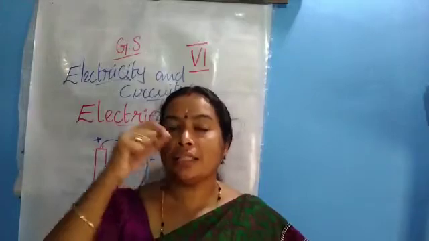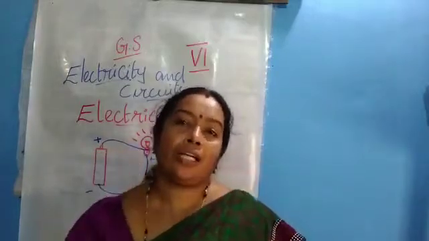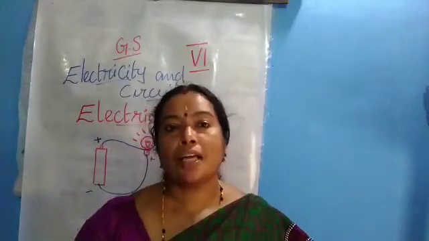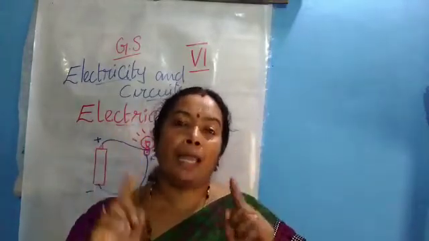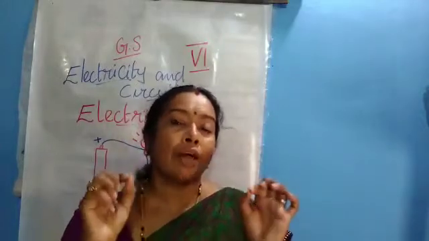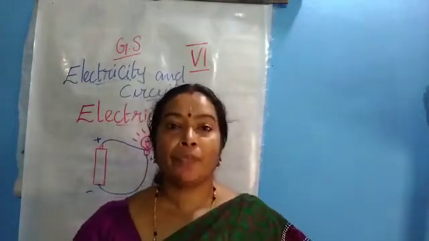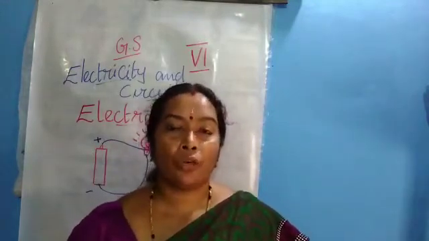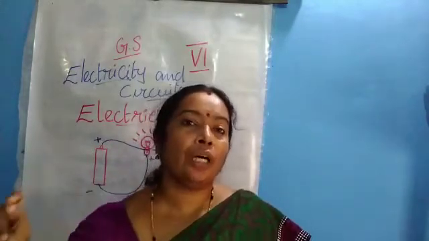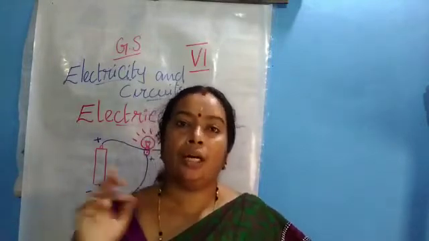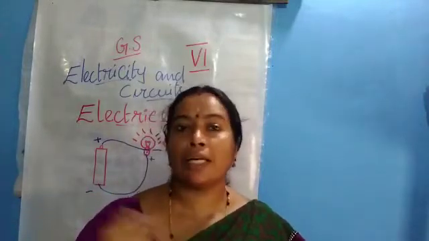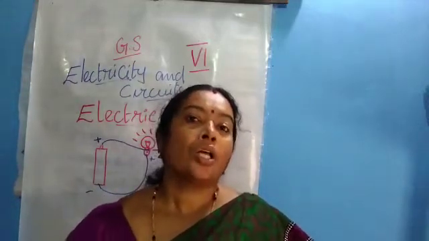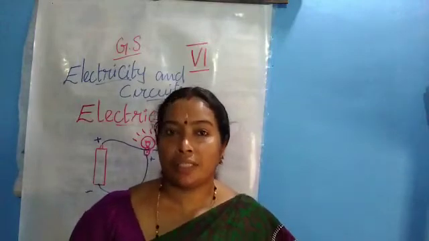Within that there is a very thin wire called the filament, which is coiled and supported by two somewhat thick wires, and those thick wires are connected to the terminals of the bulb. Each one is connected to a terminal, one to the positive and the other to the negative. So that is what we discussed last class.